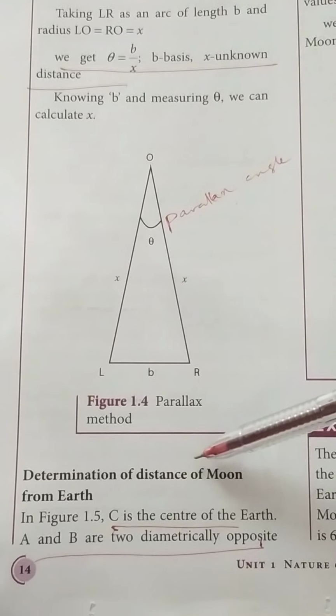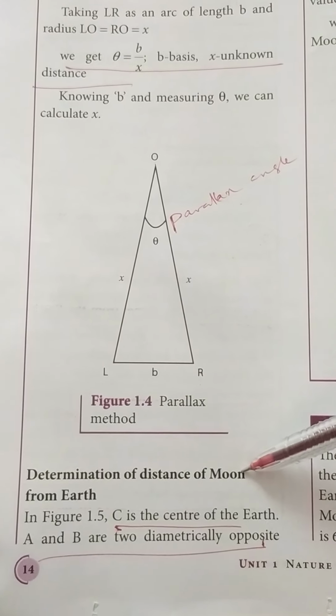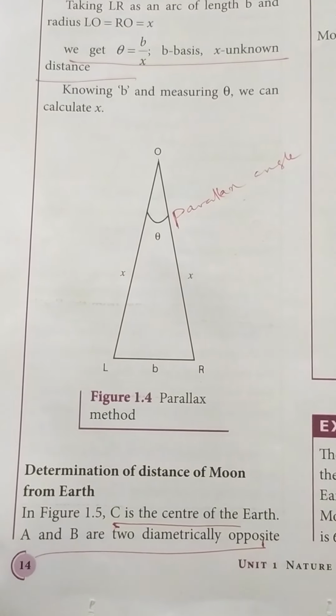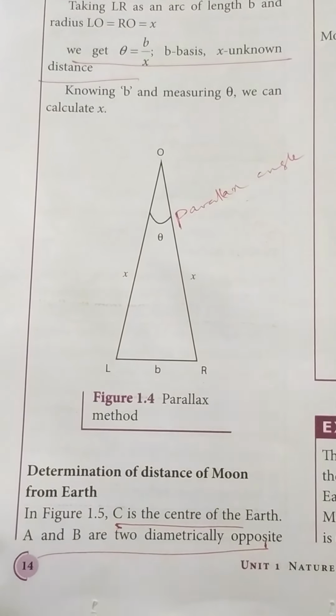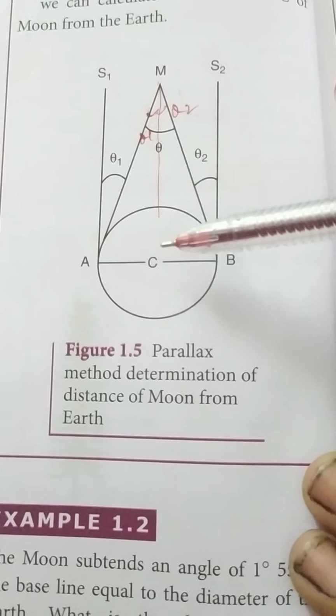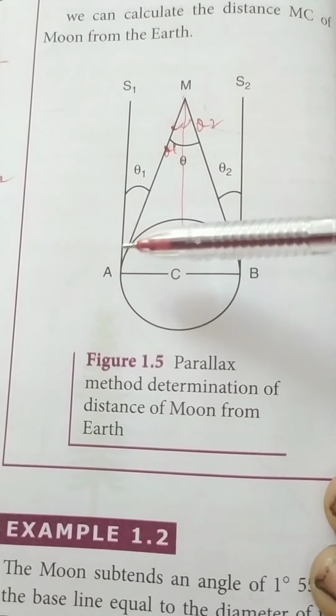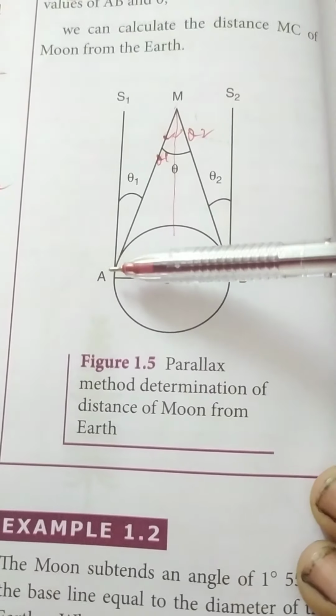Next we are going to see the determination of the distance of the moon from the earth. In this diagram, you consider this as the earth and C is the center, and the moon is here. So you are going to find out the distance between the center of the earth and the moon. A and B are two points, one on the left side and the other on the right side.